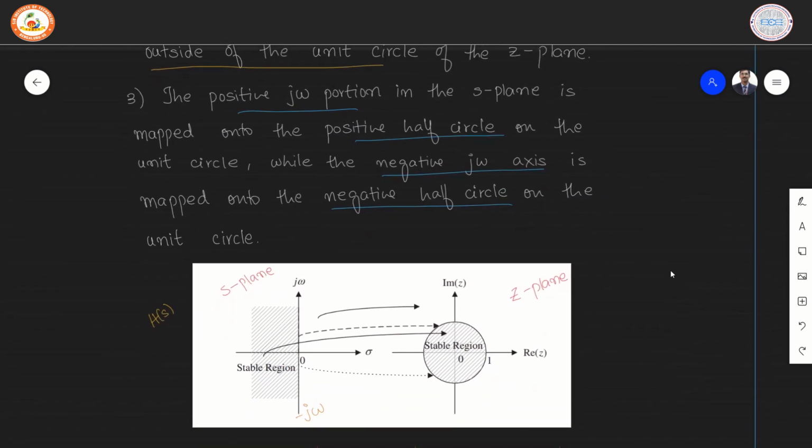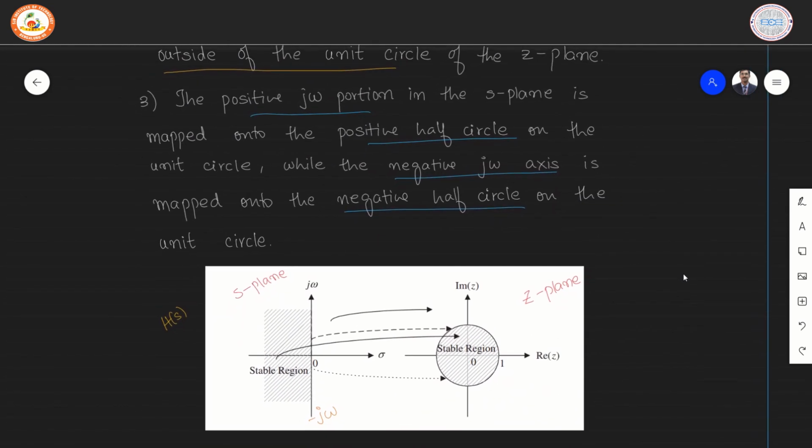These 3 points can be viewed from the mapping shown here. The one on the left is the S-plane, the one on the right is the Z-plane. We can see the S-plane real part is sigma, imaginary is indicated as j omega, and here we have real part of z and imaginary part of z. Now, in the z plane, we have the circle which is called as unit circle.